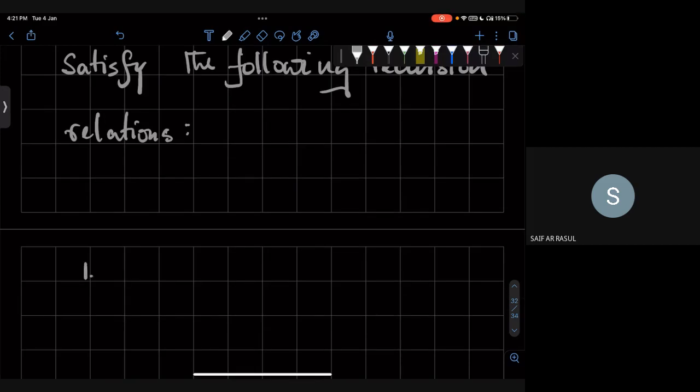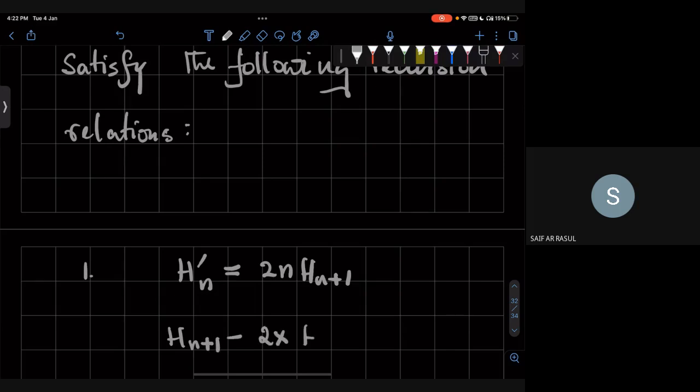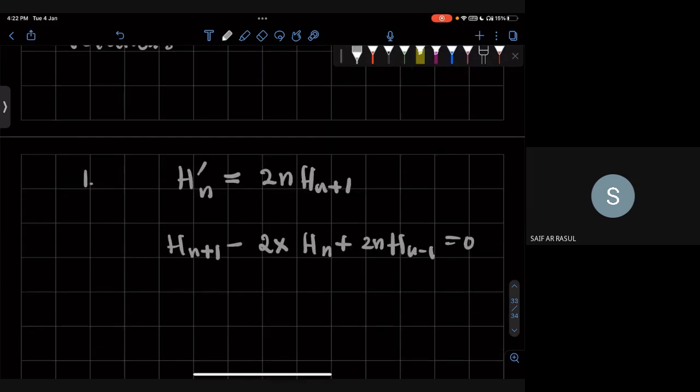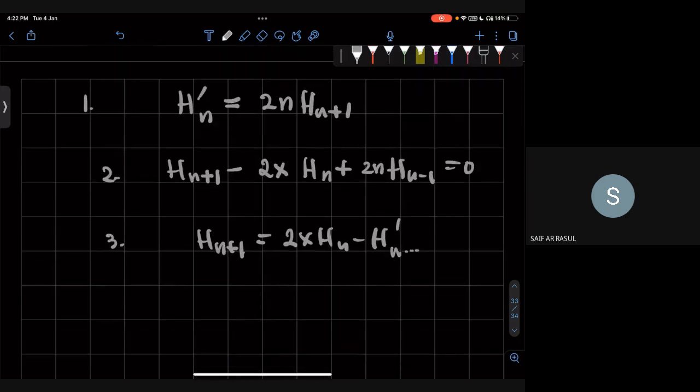For example, the first derivative of Hn is related to H n plus 1, and number 3 is H n plus 1 equals 2x Hn minus H prime of n, or n minus 1. I'm not sure, I'll have to look it up. Anyway, I think this is kind of beside the point.